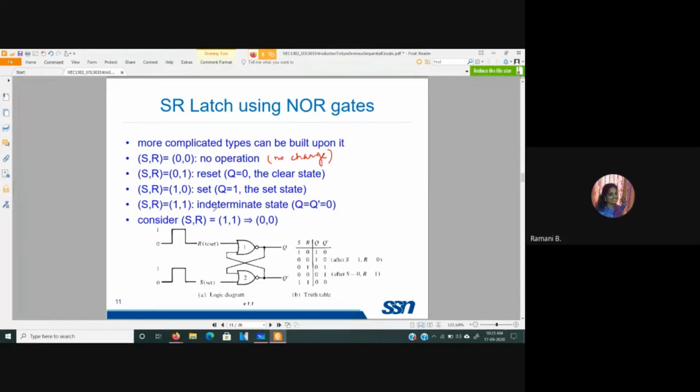You are clearing the value of it. And for S equal to 1 and R equal to 1, it is the set condition. We make this as the set state. And for S equal to 1 and R equal to 0, it is indeterminate state, as both Q and Q bar are equal to 0. Okay?